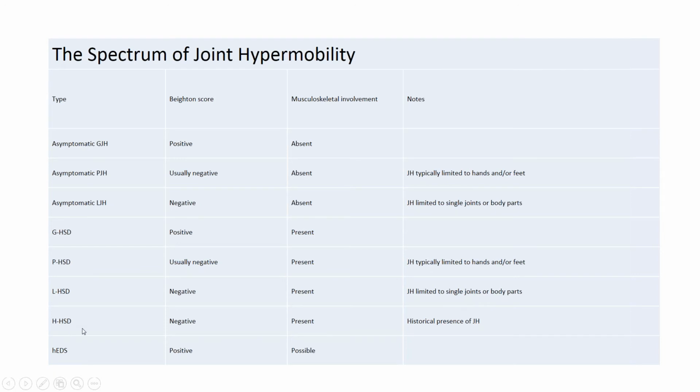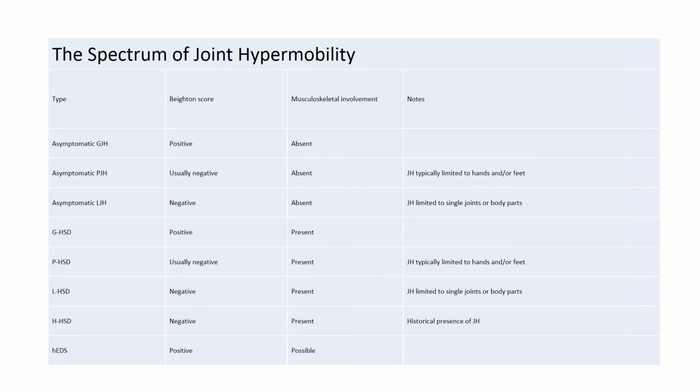I'd like to point out this one other diagnostic category, which is that of historical hypermobility spectrum disorder. And these are people who had joint hypermobility in the past, but no longer have it at the time of their evaluation or examination.